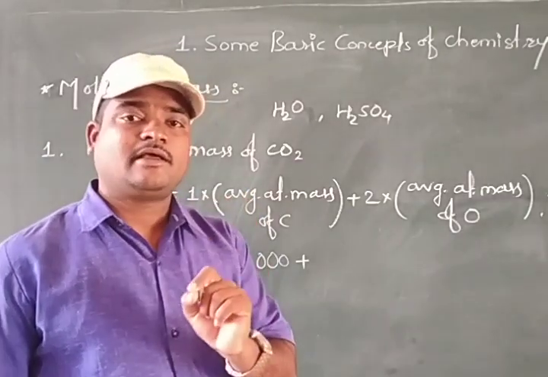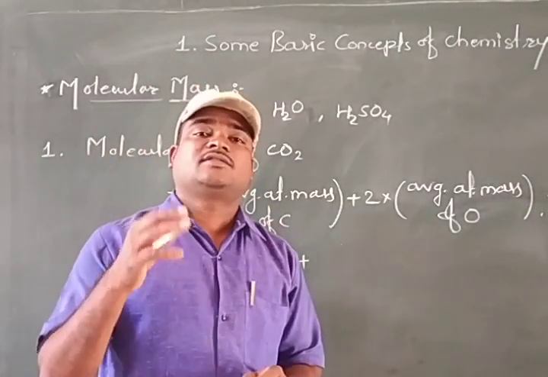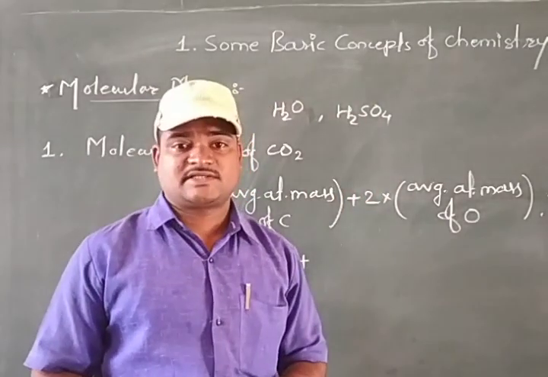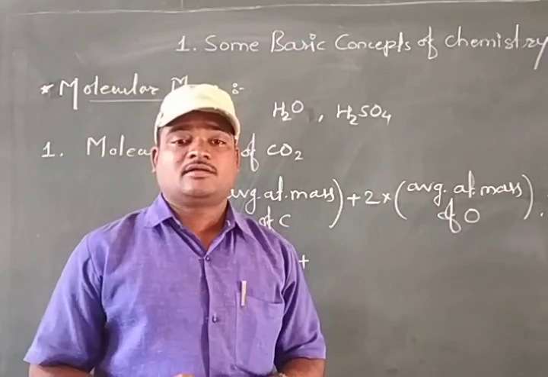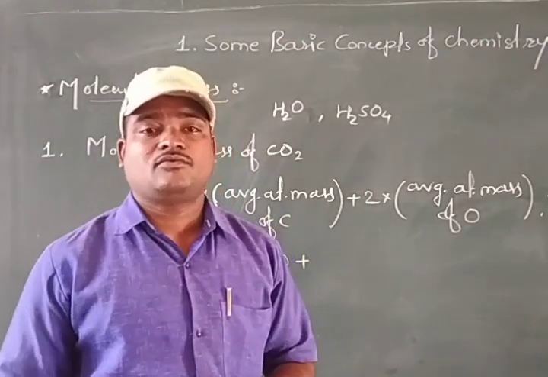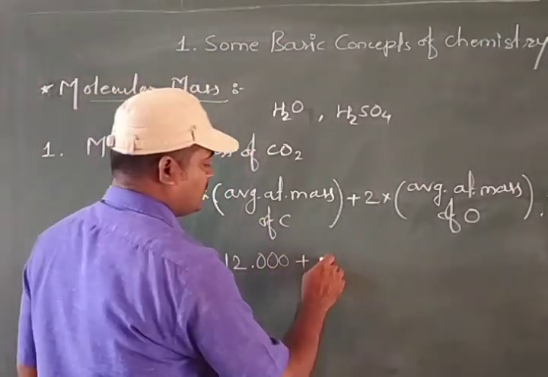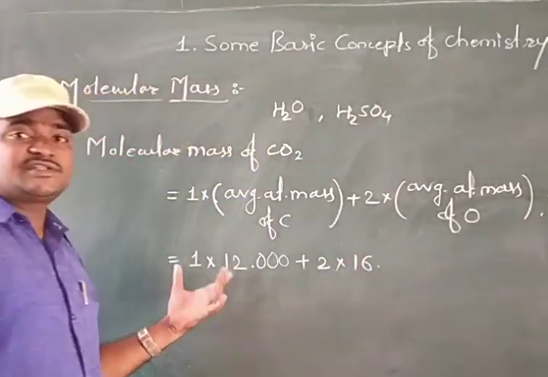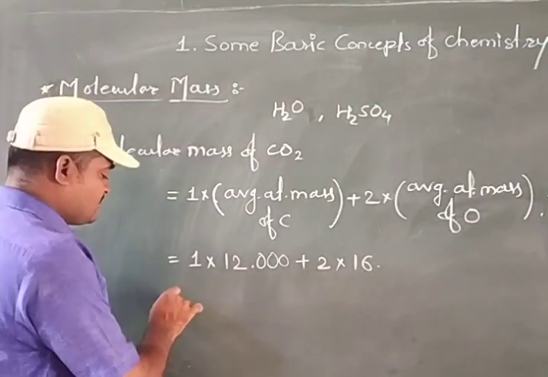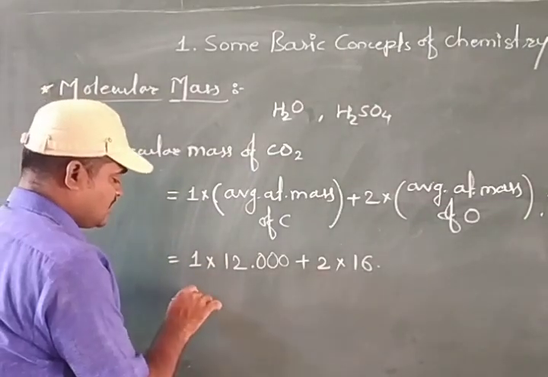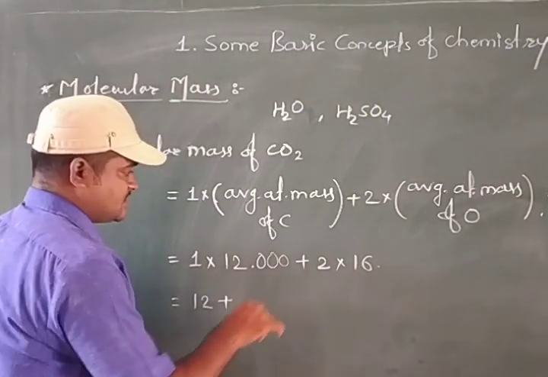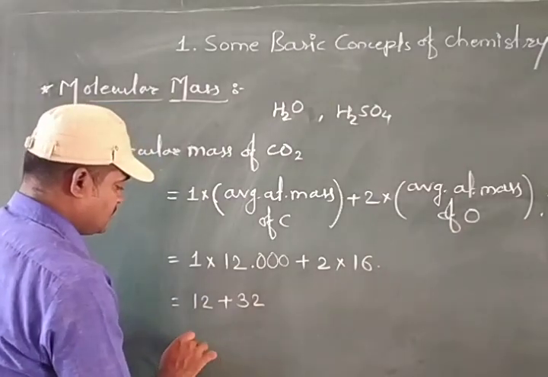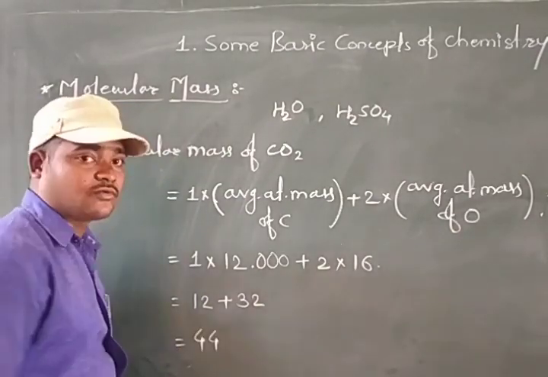So you have to learn the average atomic masses of the corresponding elements for which you are going to calculate the molecular mass. The average atomic mass of oxygen we require here is 16, so 2 into 16. 12 into 1 you will get 12, plus 16 into 2 is 32. So you will get the answer 44.